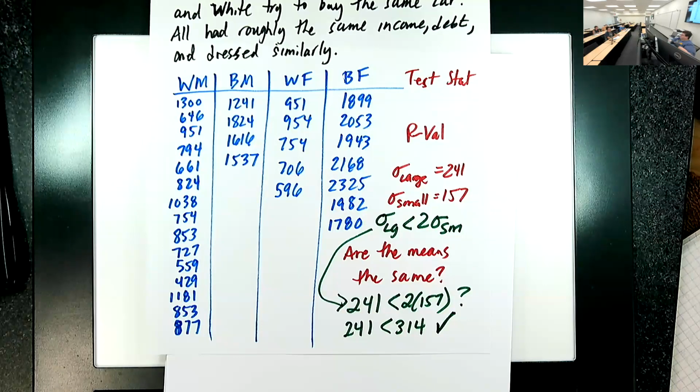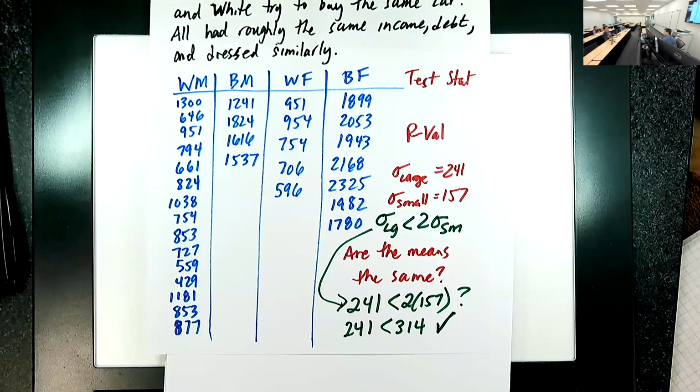Why is it 2 times the smallest standard deviation? That's just our way of showing that the variances are not too far apart. Variances are approximately the same. We can check the standard deviation, because standard deviation squared is variance. So we can just as easily check standard deviation.